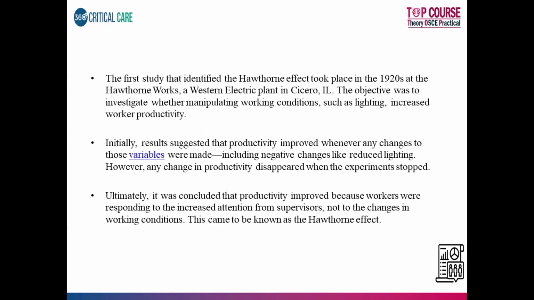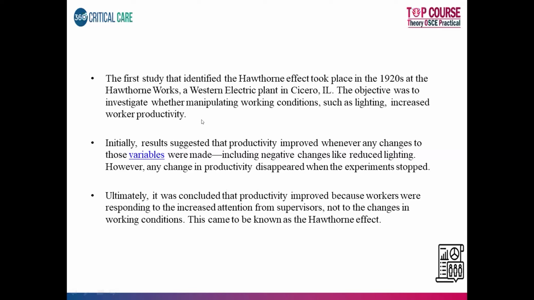So this is just a history of how this Hawthorne effect happened. Basically, this Hawthorne effect took place in the 1920s, at the Hawthorne Works, which is a Western Electric plant in Cicero. The objective was to investigate whether manipulating working conditions such as lighting increased worker productivity. So dim light would not make the workers more active, right?